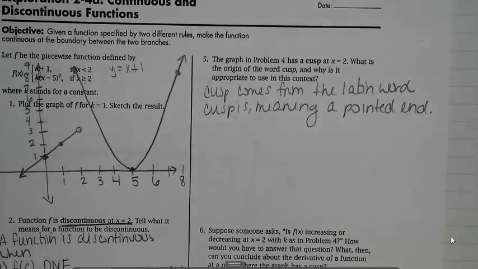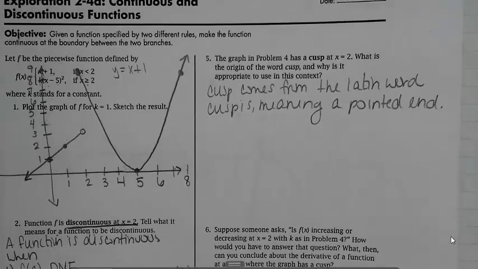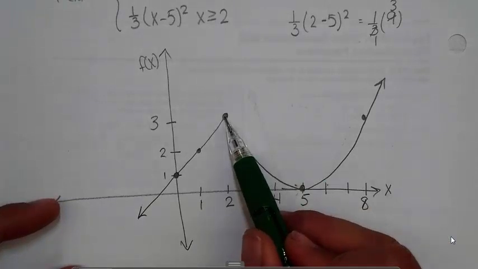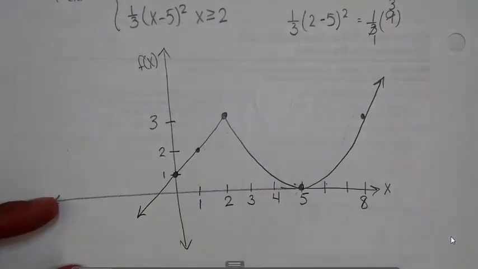So why is it appropriate for this new graph that we've just created? Well, what is this thing? It's a pointed end, right? Our graph has a pointed end, so it does have a cusp.